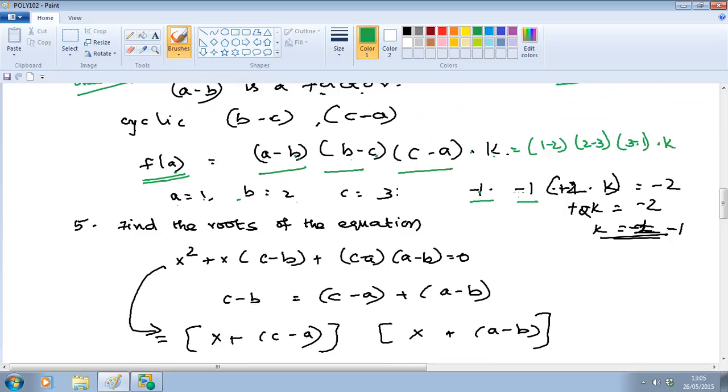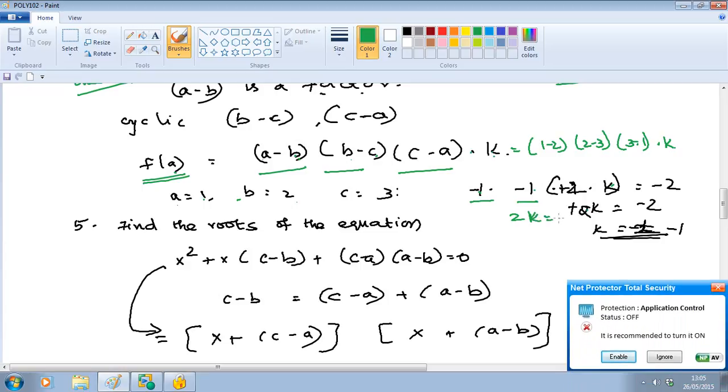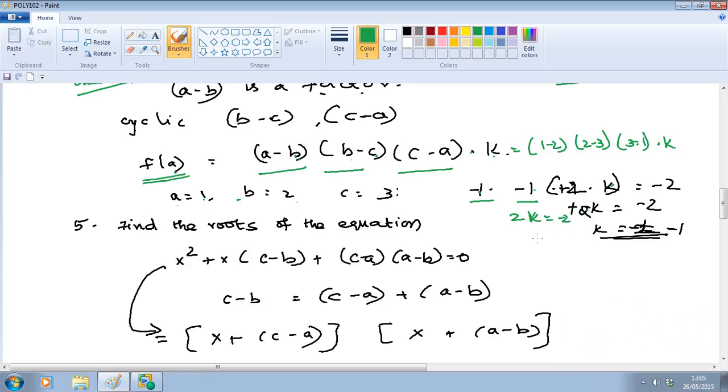So this minus 1 multiplied by minus 1 becomes plus 1 multiplied by 2k. So now 2k will become minus 2, and k is minus 1. So you replace the value of k in this equation.